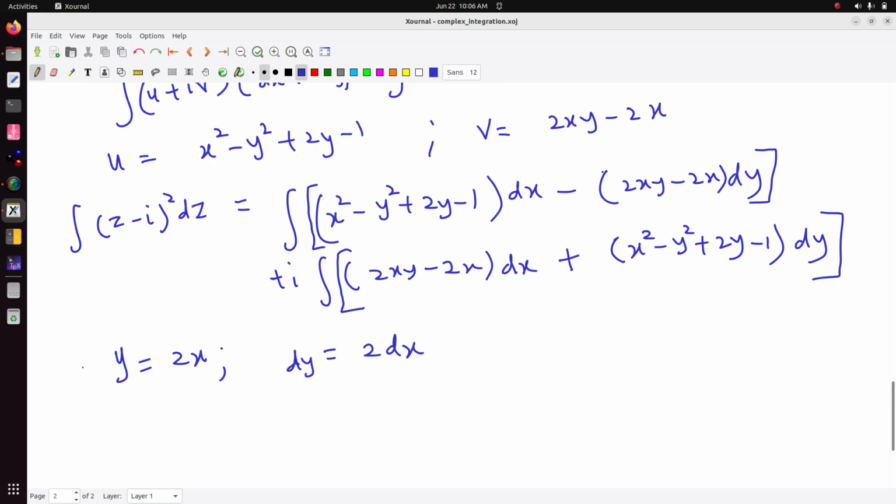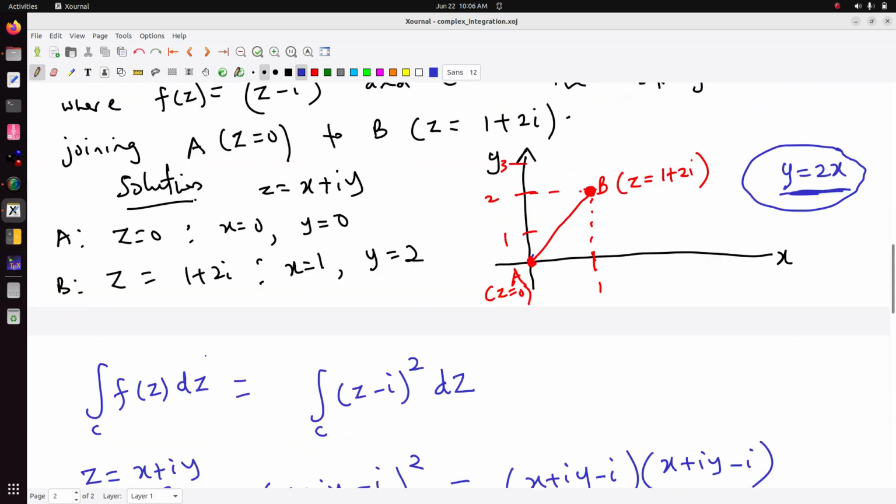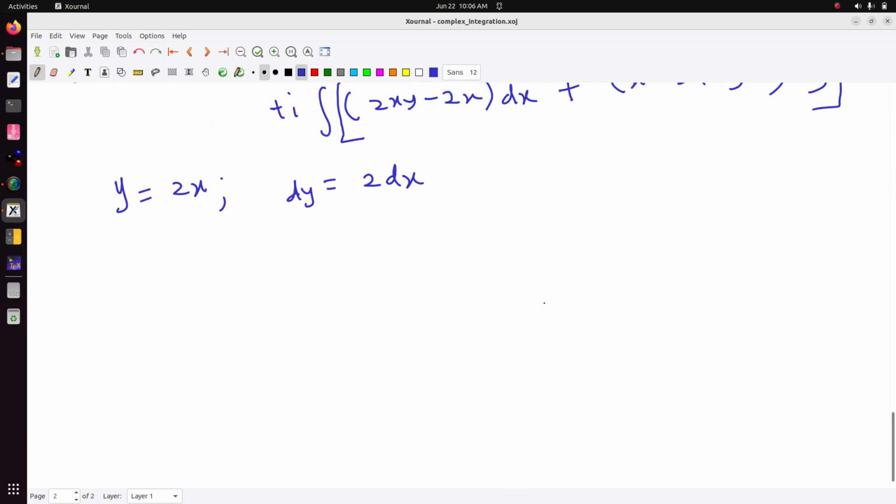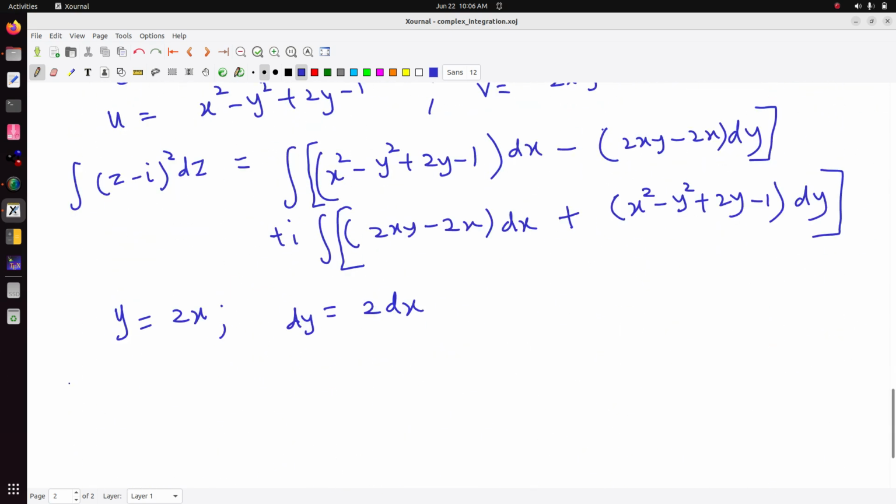Then the limit of integration: because we are going to remove y and replace it by 2x, the limit will be the limit for x alone. x varies from 0 up to 1. So the range of x is from 0 to 1. Now we write the integral of (z minus i) squared dz, and anywhere we see y, we replace it by 2x.